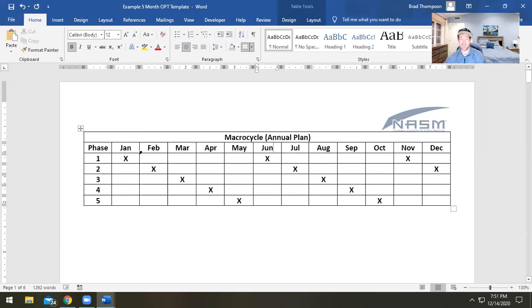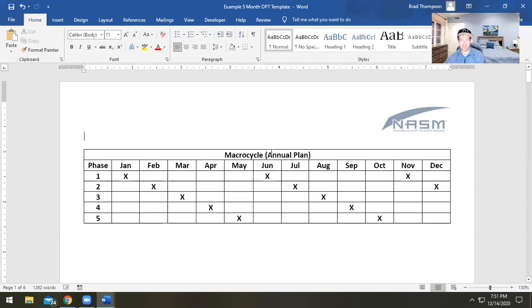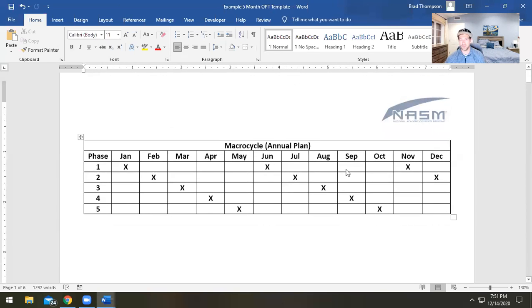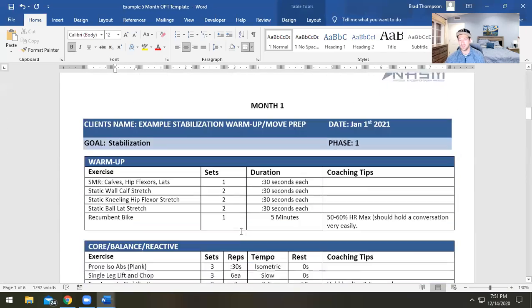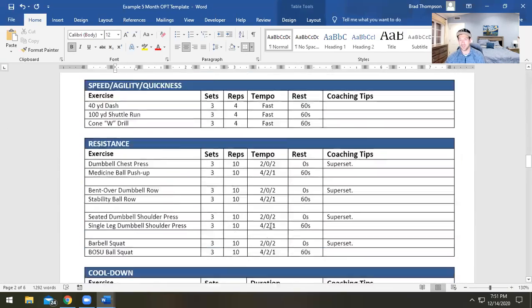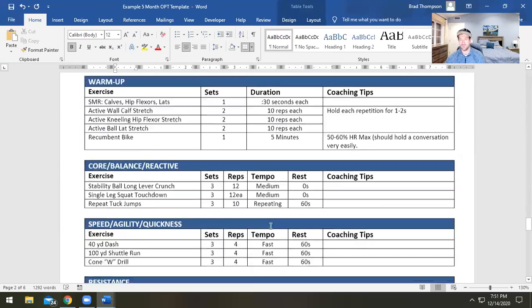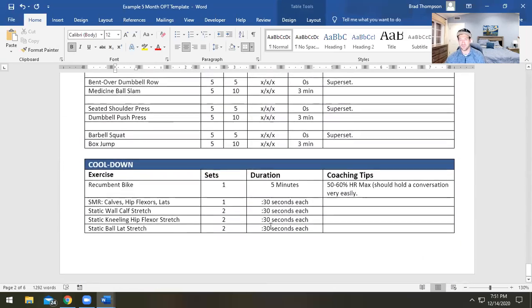And that's the whole thing right there. Does that how you tracking, guys? Feel good about that, right? We went from January, February, March, April, and you can see which phases we're in. Month 1, month 2, 3, 4, 5.